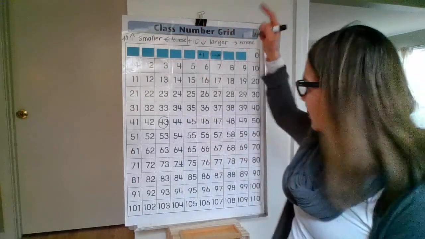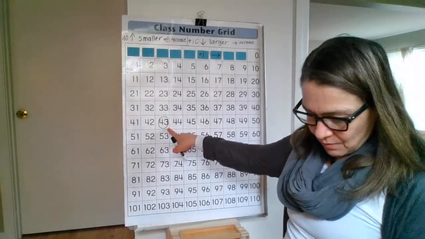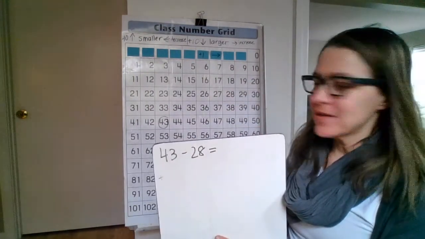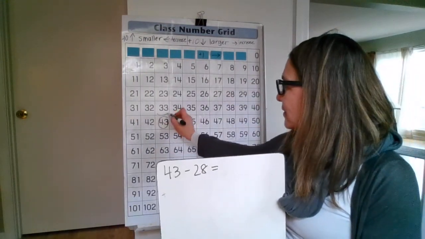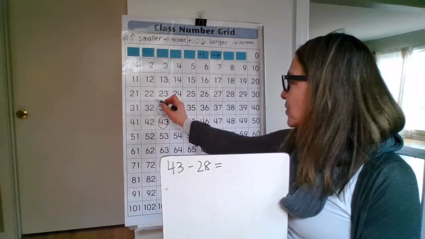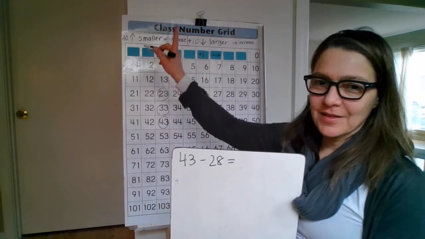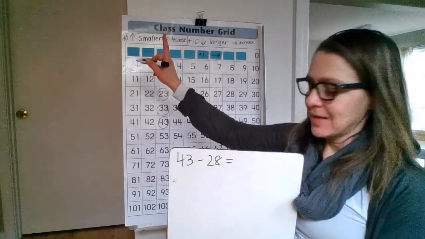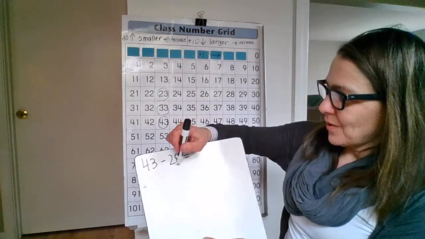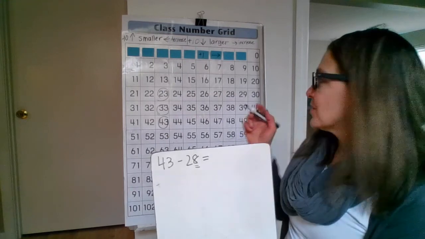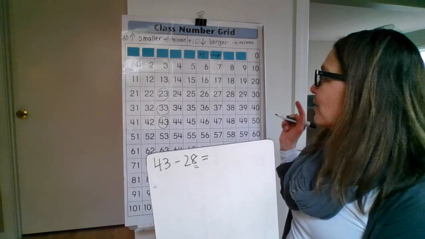Okay, so we start at 43 and we are minusing 28. So we go 1, 2 tenths. Remember, we're going this way. And then we still need to go 8 ones. So now we're going to go that way.